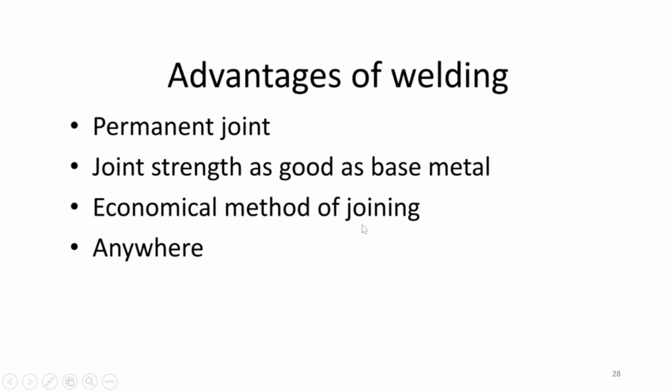It is an economical method of joining and a very common method available anywhere. You can easily get a part joined, compared to some other operations such as soldering and brazing. You can get welding done easily.